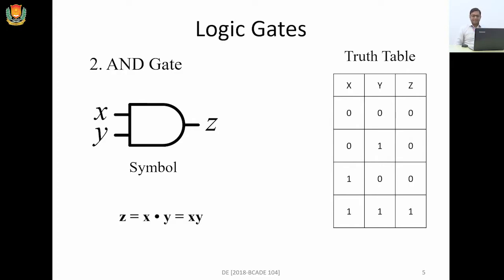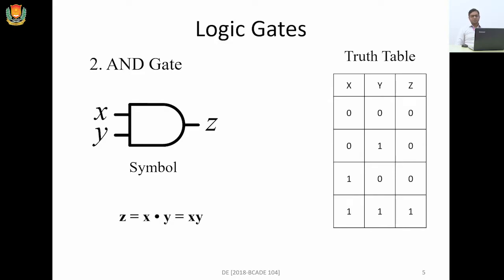In the first row of the table, on the combination of 0 and 0, the output will be 0, because the basic functioning of the AND gate is multiplication, and we already know the multiplication of 0 with 0 is equal to 0. That's why the output is 0. The second combination is 0 and 1, where X is 0 and Y is 1.